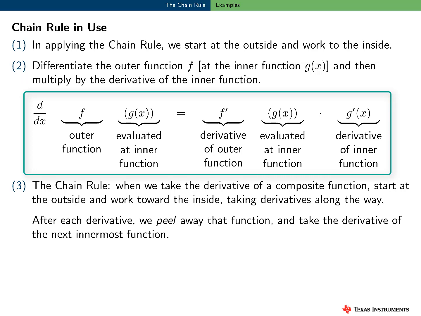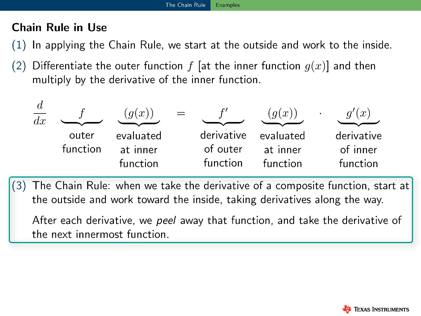And here's this idea expressed visually with some mathematical notation. And here's one more way to think about the chain rule in words. When we take the derivative of a composite function, we start at the outside and we work our way inside, taking derivatives along the way. And after each derivative, we peel away that function and take the derivative of the next innermost function.